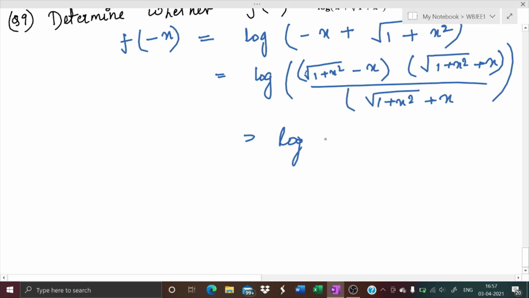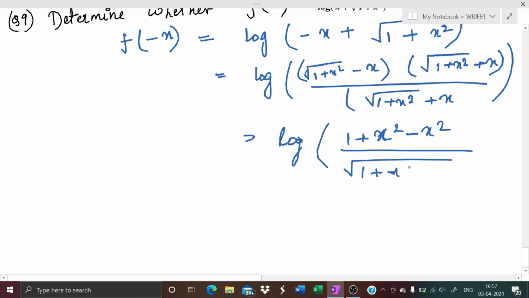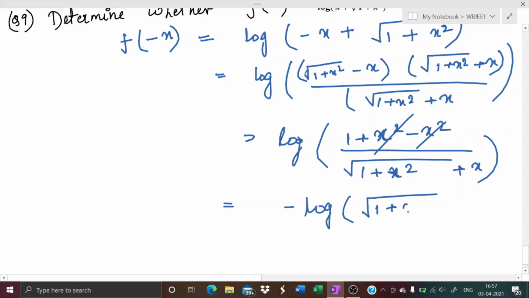Now you see, it would be a plus b into a minus b, a square minus b square, and log of 1 by x is minus log x, so minus log under root 1 plus x square plus x. So this is minus f of x. So my function is odd.